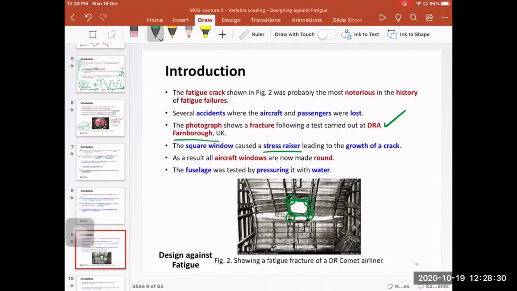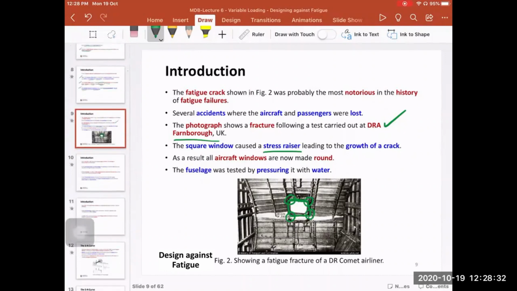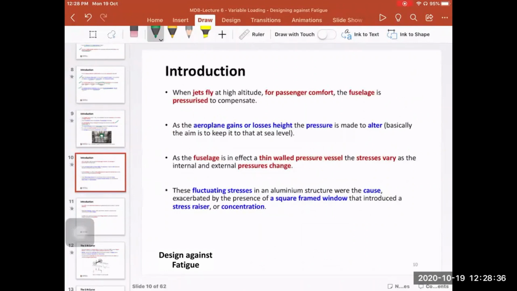Where does the fluctuating load come from here? It comes from just changing the pressure. You see, when a jet or an airplane flies, depending on the altitude, they keep pressurizing the fuselage from inside, just to maintain the pressure in the cabin at the same pressure as at sea level.